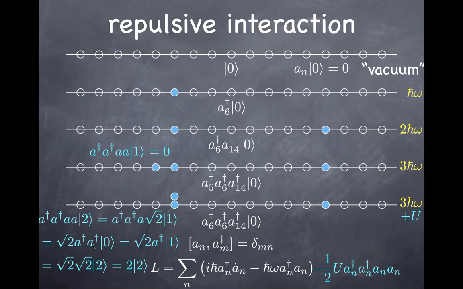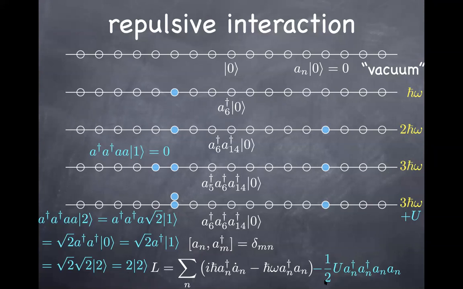Then use the creation operator twice to bring it up to a 1 particle state, and then further up to a 2 particle state. The second creation operator gives you another normalization factor of square root 2. So you end up with the same state with 2 particles with eigenvalue 2. So by using this operator here, A dagger A A gives you 2 for the 2 particle state.